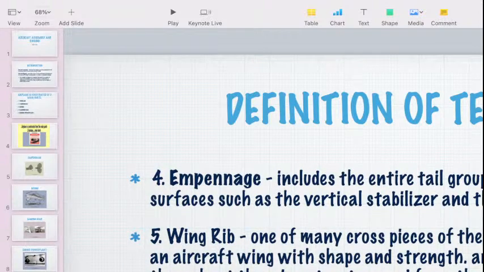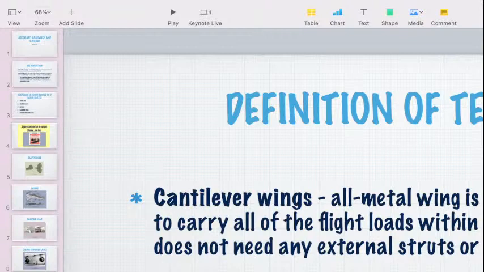Definition of our empennage, wing rib, and spar. I think I have a typo in this one. Cantilever wings, Sitka spruce, so you guys can review those terms. You should know what those mean.